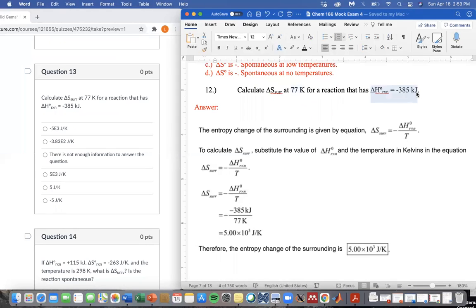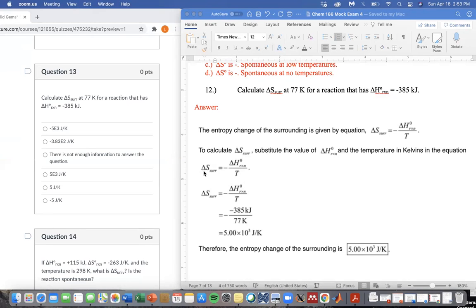And so let me annotate. This one comes from the delta G expression, but if you just remember this equation, that's all you need to use. So you have the delta S surroundings is negative delta H of reaction divided by temperature.